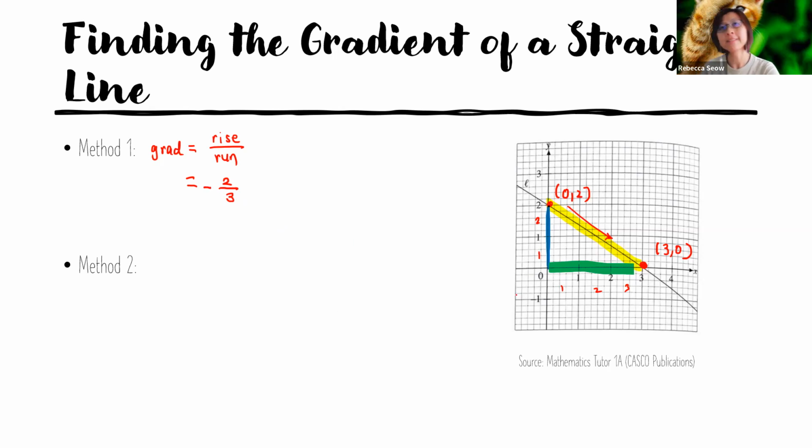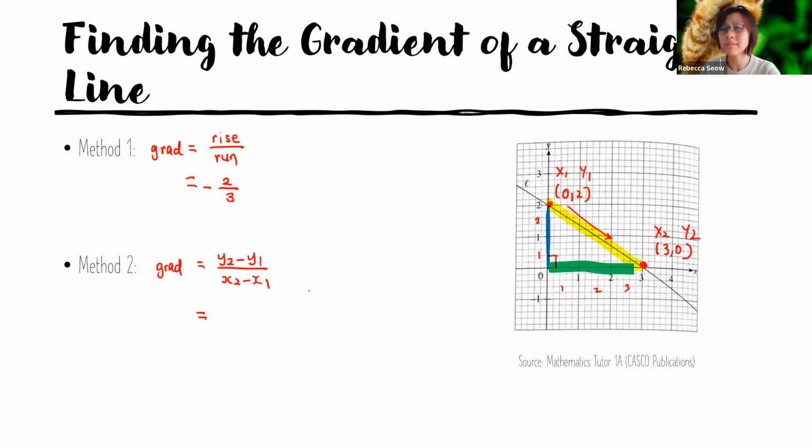Okay. Now take note that for the rise and run, right? I forgot to mention this earlier. These two lines, the blue and the green ones, when you draw, have to meet at a right angle, to form a right angle triangle. Okay, now method 2, gradient equals y2 minus y1 over x2 minus x1. Let's take this as x1, y1, x2, y2.